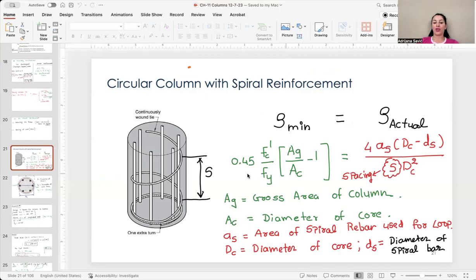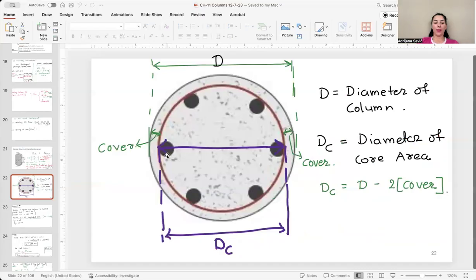This is the reinforcement ratio, and that one is 0.45 f'c divided by fy, multiplying gross area of column over core area of column minus 1, and rho actual is 4 times area of spiral rebar used for loop, over core diameter minus diameter of spiral bar, times spacing. Core diameter is this length, so the diameter of column minus 2 times concrete cover.